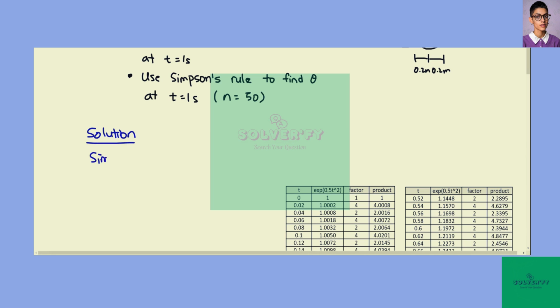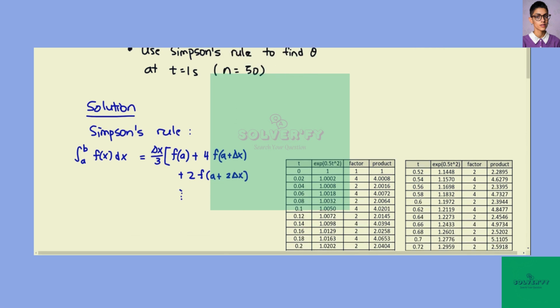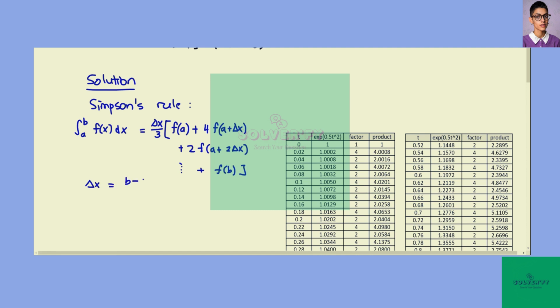Simpson's rule states that given a definite integral from a to b of f(x) dx, it is equal to delta x over 3 times f of a, plus 4 times f of a plus delta x, plus 2 times f of a plus 2 delta x, until you reach f of b, where delta x is equal to b minus a over n.